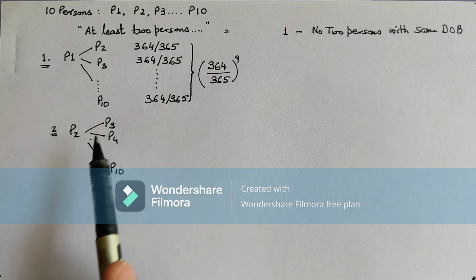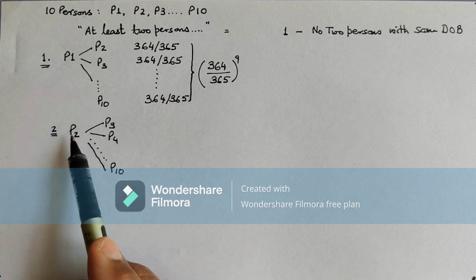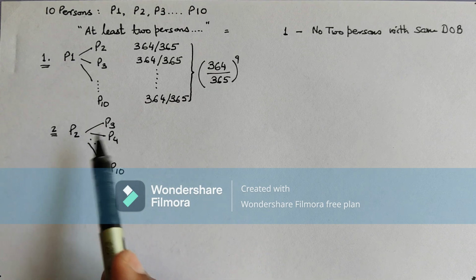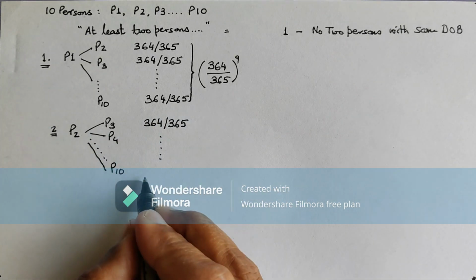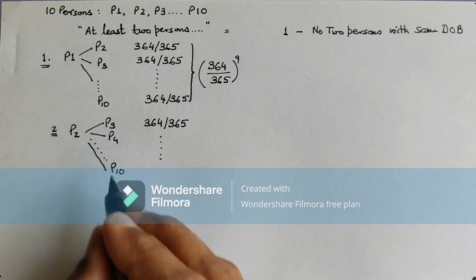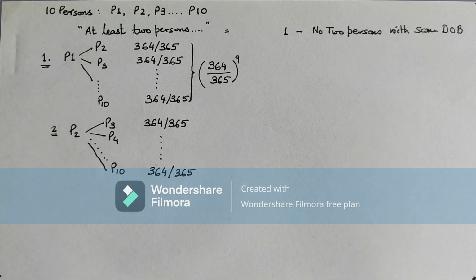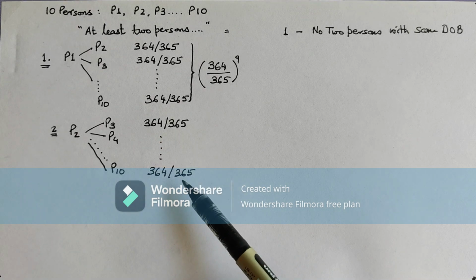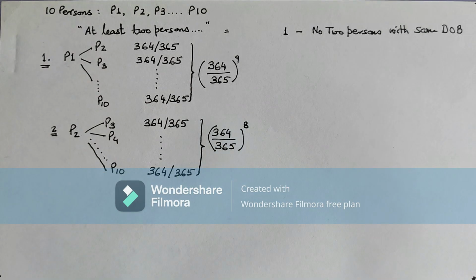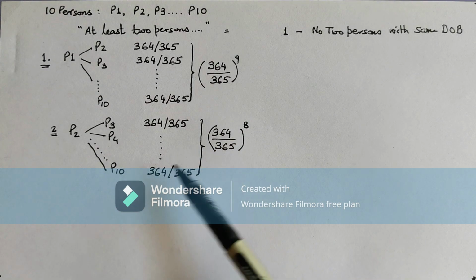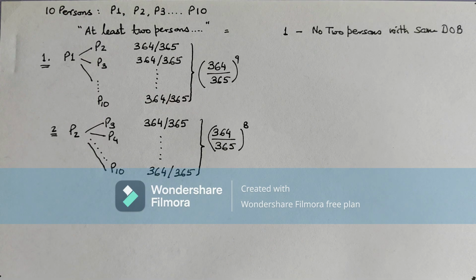The probability of this pair not having a common date of birth is again, like before, 364 by 365, which holds true for all the 8 pairs now. And by similar logic, for all these 8 pairs, none of them having the same date of birth, is 364 by 365 to the power 8. This time 8 because there are 8 pairs.